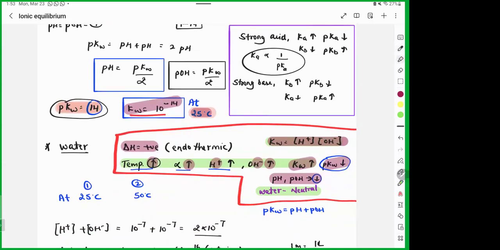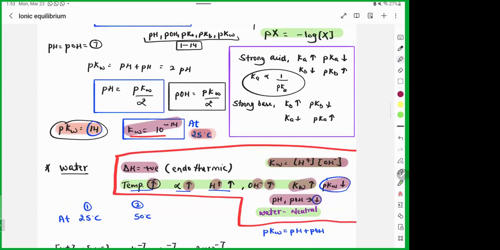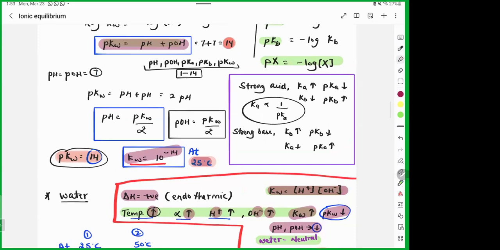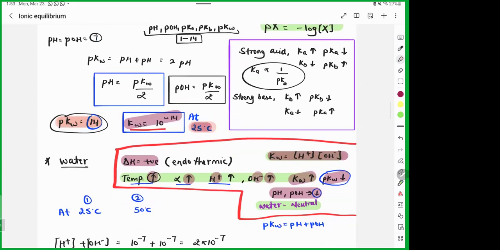Anybody have a doubt? No, sir. All these values you have in organic chemistry also. Whenever you want to compare the strength of acid or strength of base, you always use pKa or pKb.